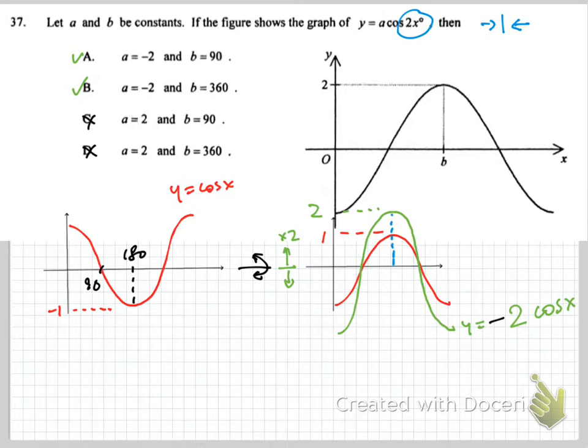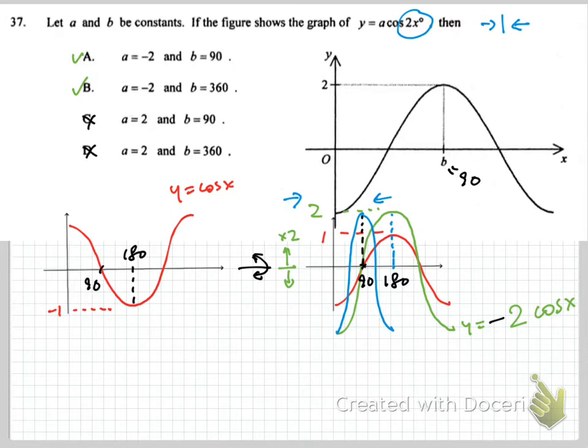What used to be, now this original point used to be 180, is now compressed to 90, alright. The whole graph is being compressed. It's much thinner compared to the previous one, alright. Is being compressed left and right. So what used to be 180, the peak point is now 90. So B equals to 90.